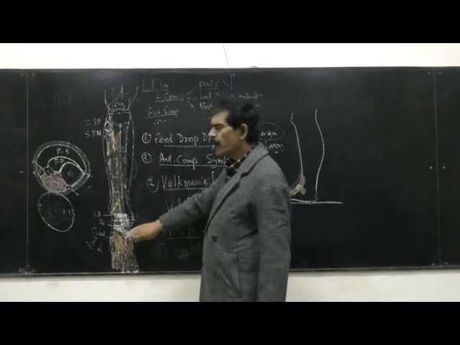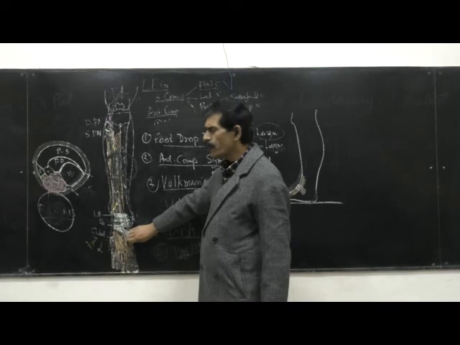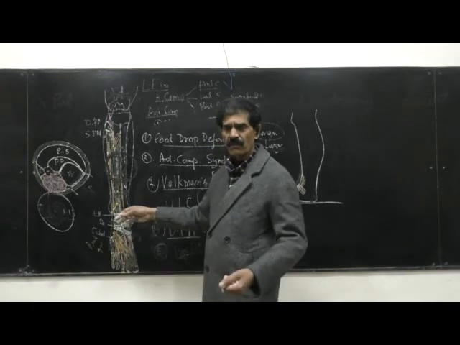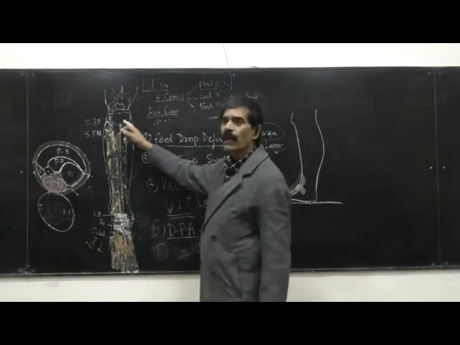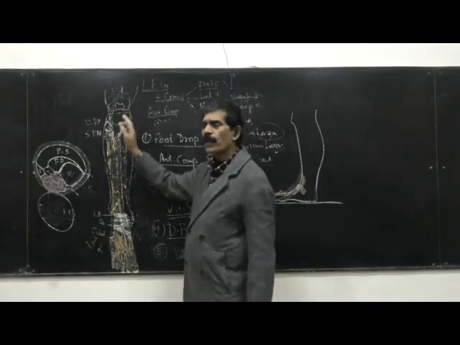The dorsalis pedis artery will tell. If we find the dorsalis pedis pulse is absent, it means the popliteal artery is injured in the popliteal fossa because of the fracture of the lower end of the femur.